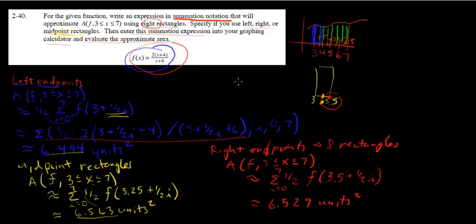So we used our graphing calculator to enter our summation expressions and get our approximate area. We did it 3 times. You only needed to pick one way, but I did the left endpoint, the midpoint rectangles, and the right endpoint rectangles, using 8 rectangles each time. So this concludes number 40 in Chapter 2 of CPM Calculus.